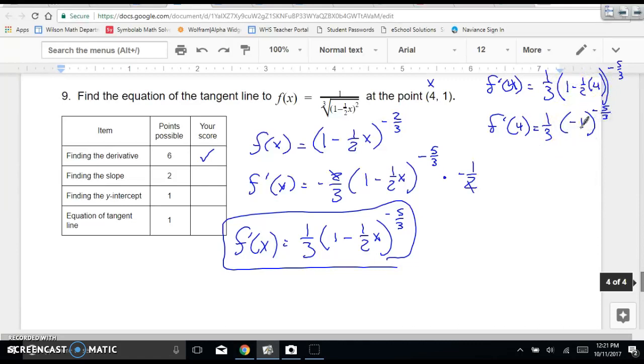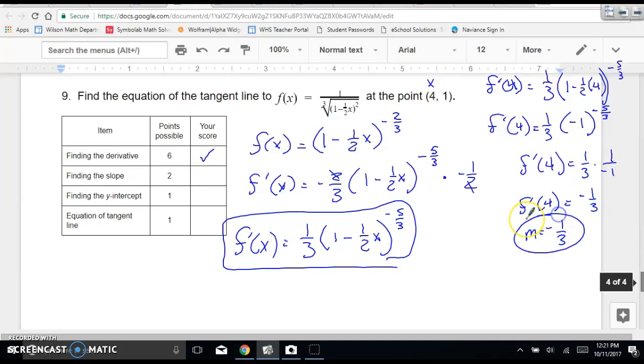You're going to do the cube root of -1, which is -1, and then -1 to the 5th is going to be -1. It goes on bottom. So technically, if you wanted to write this out, this would be 1/3 times 1 over -1. We all know what that is. That's going to be a -1/3 for our slope. So slope is -1/3. So check. Got the slope.